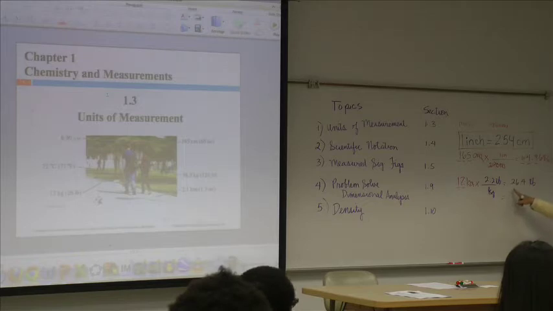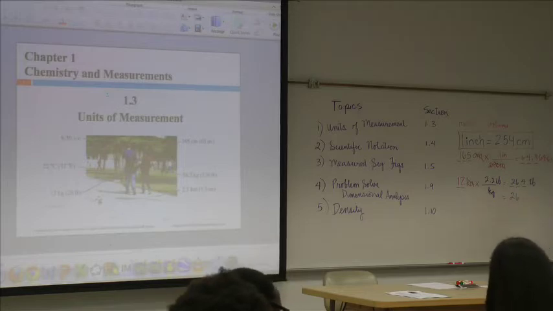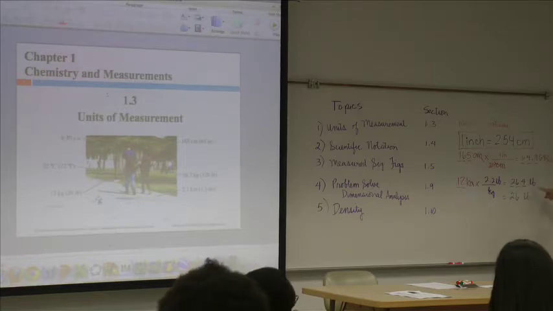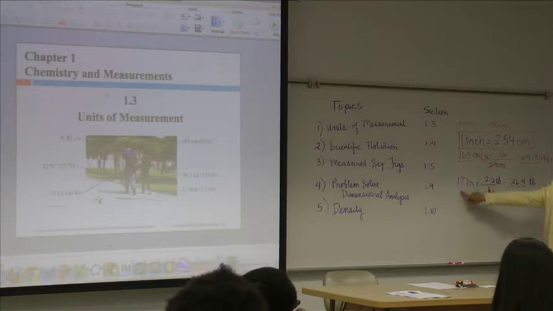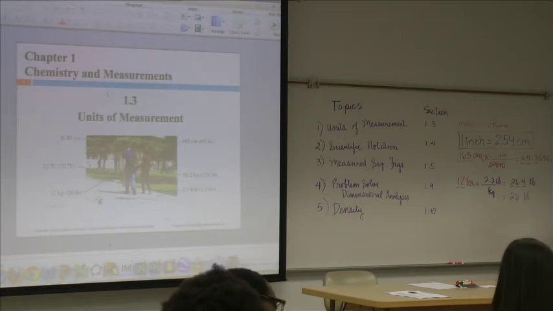Two significant figures. So this one is 26. In the exam, you could be given this as the answer, and it's really the correct answer because the given is only two significant figures.